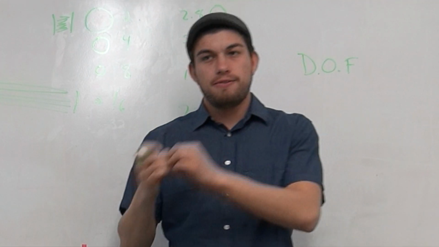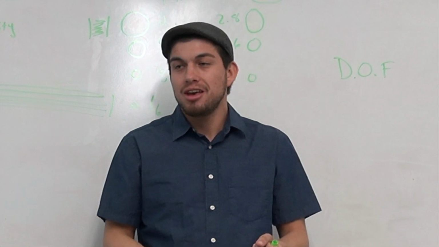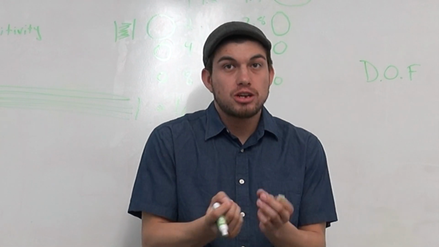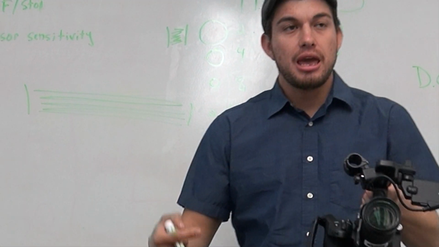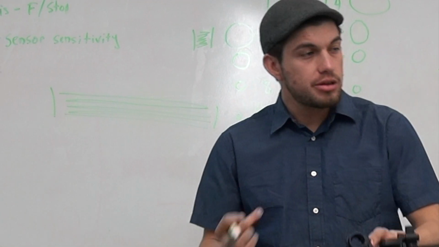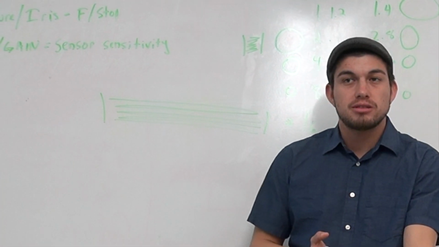The sensor literally replaces film. Back in the day, they used to shoot, well, they still do today, but actual film, like an actual material, right? Nowadays, it is a sensor. So the sensor is literally replacing the film. Film used to have sensitivity, now sensor has sensitivity.